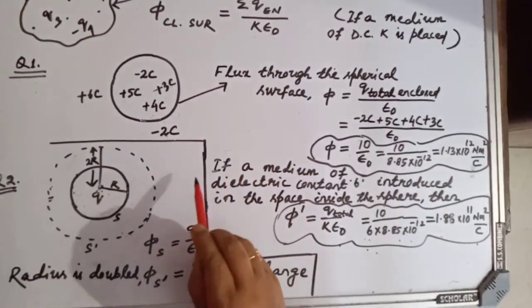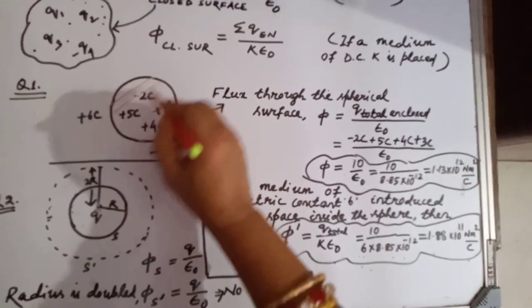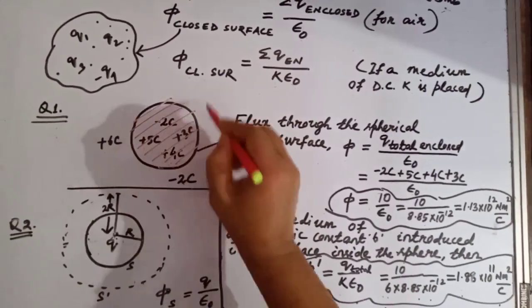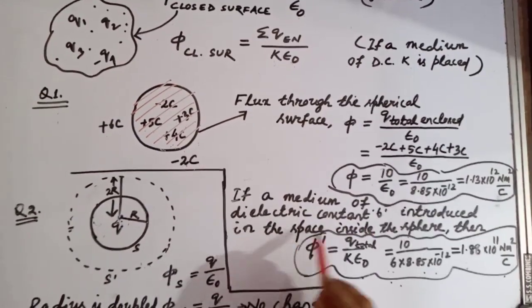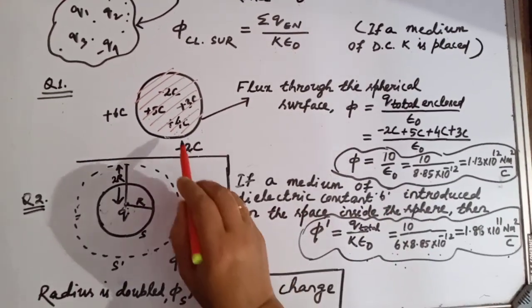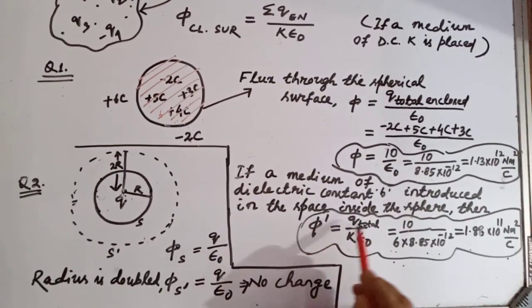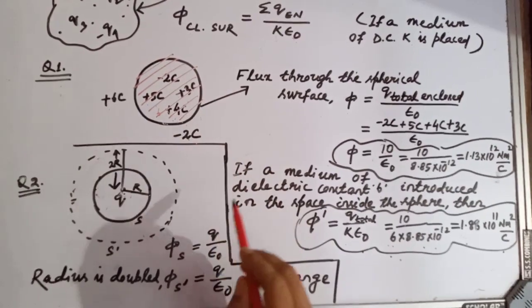Now in the same question, if the inside is filled with a dielectric, it is not air, it is any other medium. If a medium of dielectric constant 6 is introduced in the space inside the sphere, then what is the flux passing through the surface?